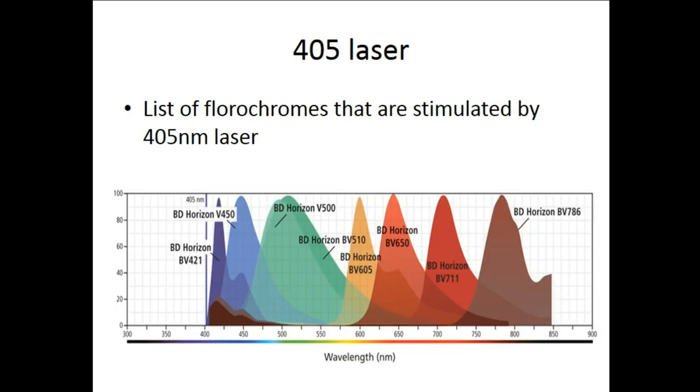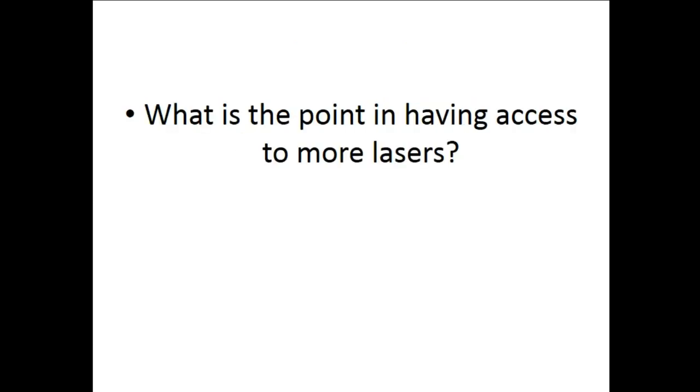This is another laser of 405 nanometers, and you can see there are a range of different fluorochromes. Again, if I had 3 markers, I would pick a fluorochrome here, a fluorochrome here, and a fluorochrome here, because there's a nice distance between the different curves.